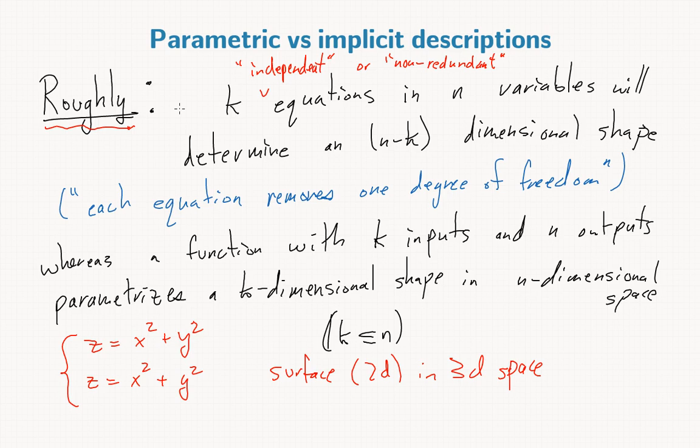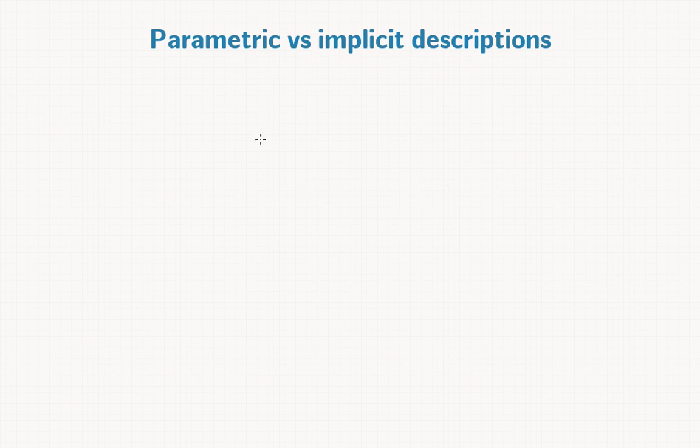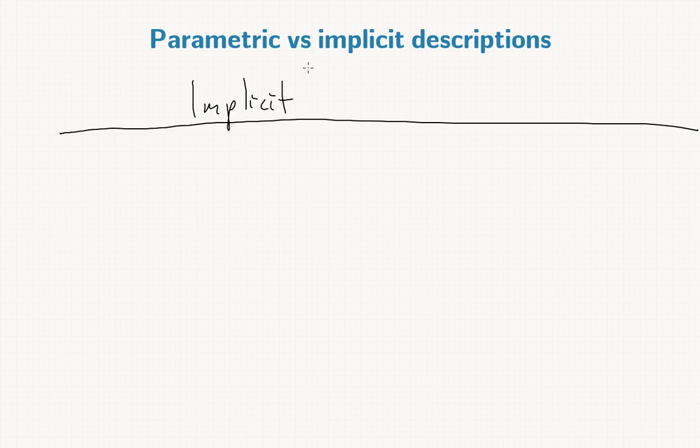But for the cases we're interested in, it'll look like this. So if we have implicit versus parametric descriptions.